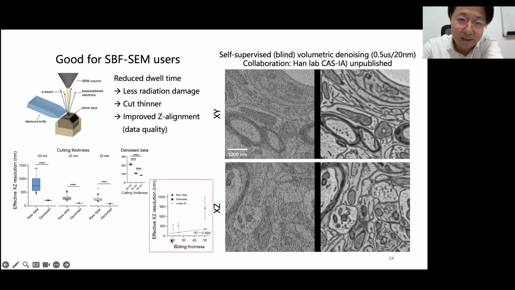And a more nice thing is if you plot the effective resolution against the cutting thickness, as you can see, it's a nice linear fit, suggesting that the resolution is only influenced by the cutting thickness, so the noise influence is minimal. So in principle, we can remove all the residual noise.